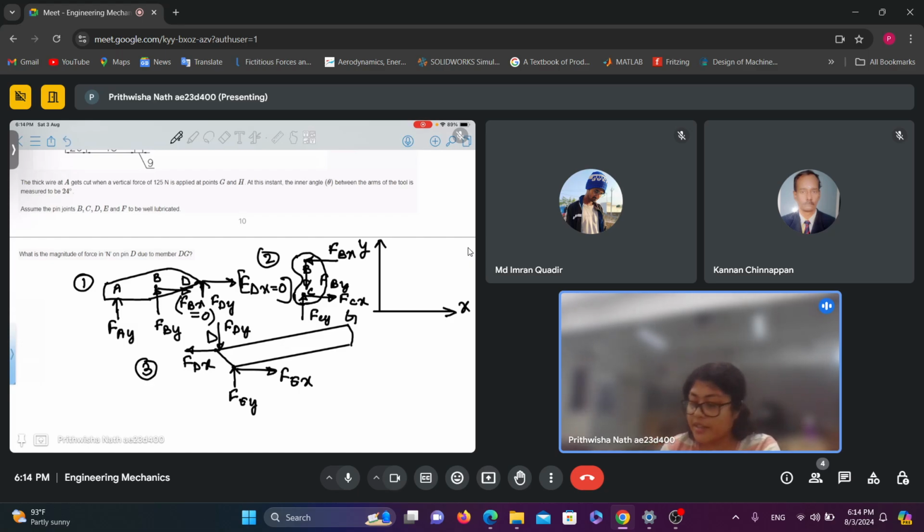Anyone has any doubt regarding this free body diagram? So is there any doubt regarding this free body diagram?